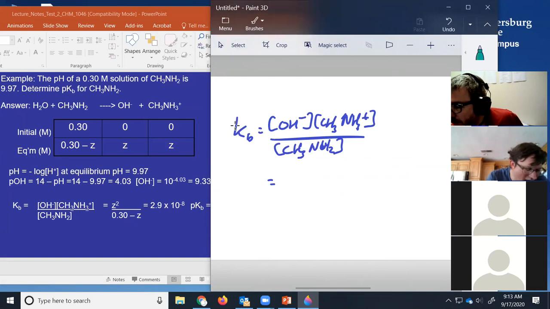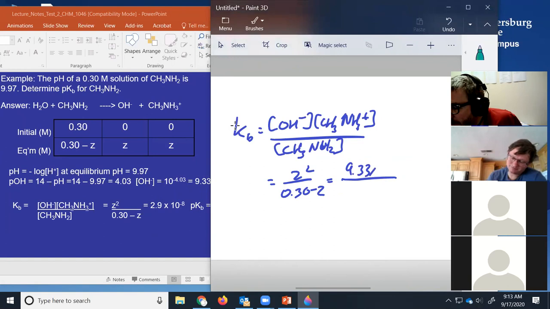We've got Z squared over 0.30 minus Z down here. We can sub in the Z's. We'll get 9.33 times 10 to the negative 5 squared over 0.30 minus 9.33 times 10 to the negative 5.